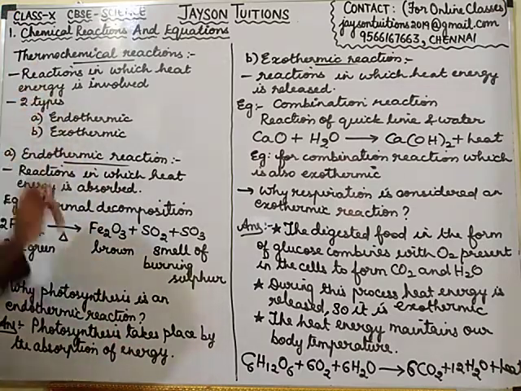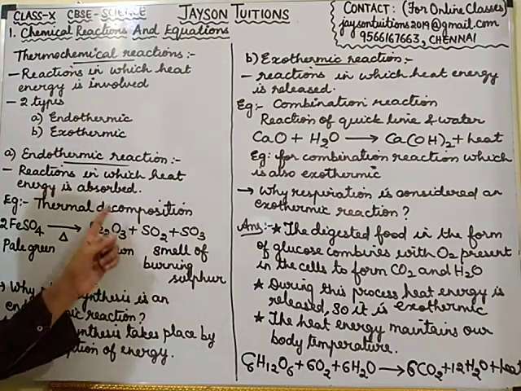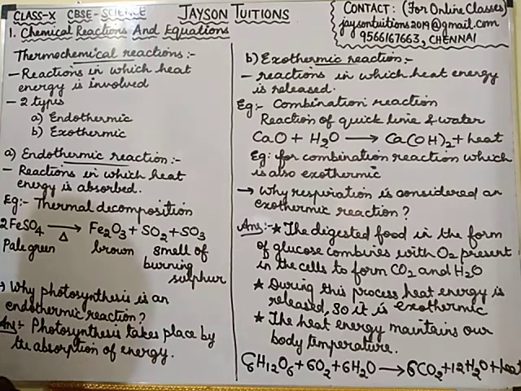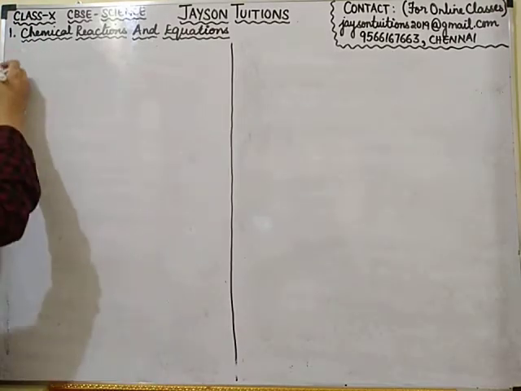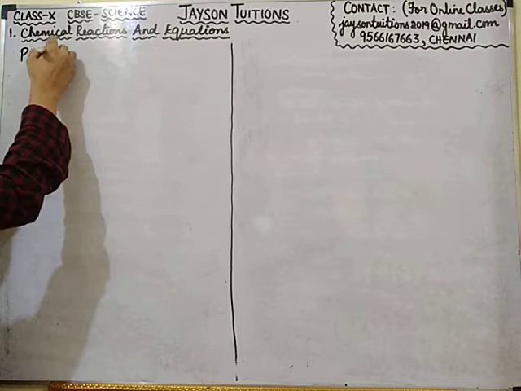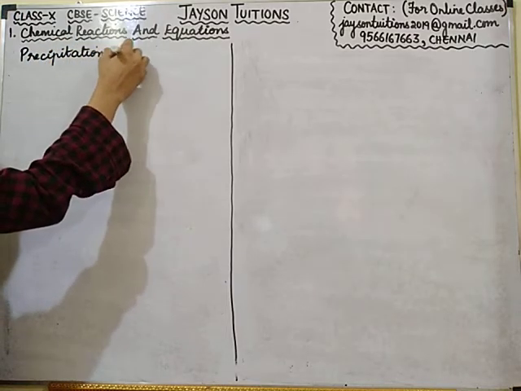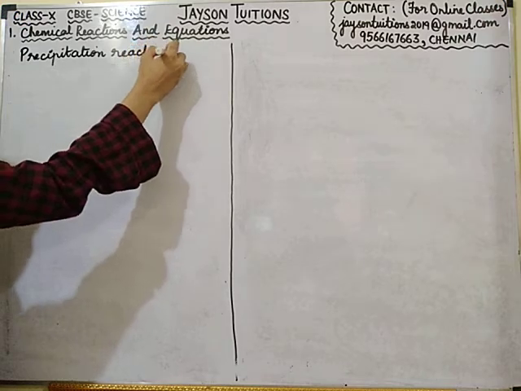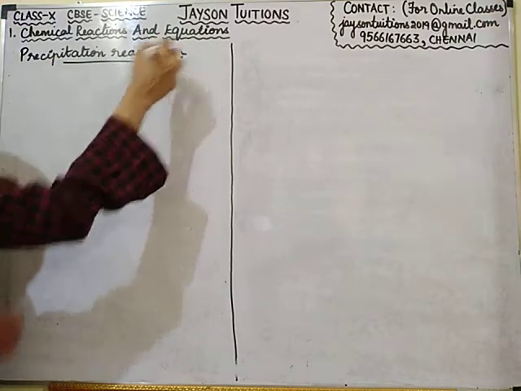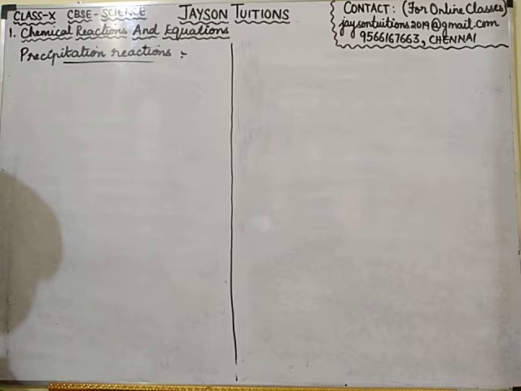So you understood what thermochemical reactions, endothermic reactions and exothermic reactions are. Next one is precipitation reactions. While discussing the characteristics of chemical reactions, I told you what a precipitate is.